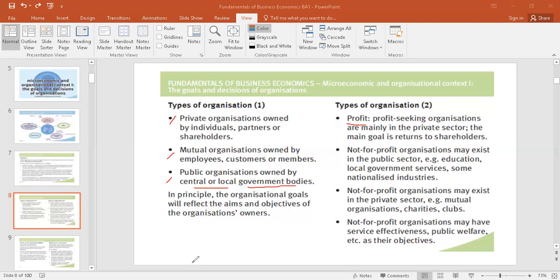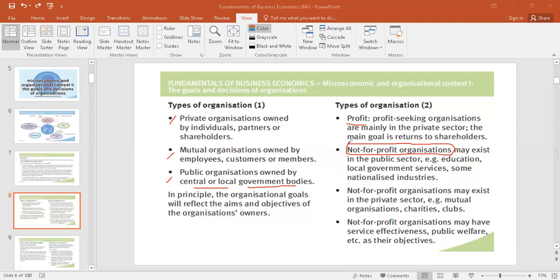There are certain organizations which are also established with a motive of not making any profit. We call them NFPOs, not for profit organizations. Then why are they established? We cannot say that an organization is only there to earn profit or maximize profit.